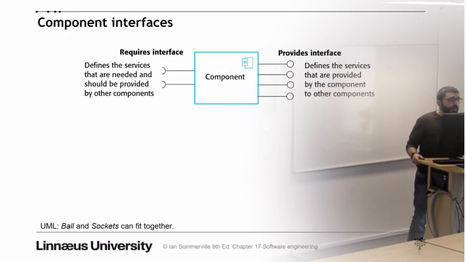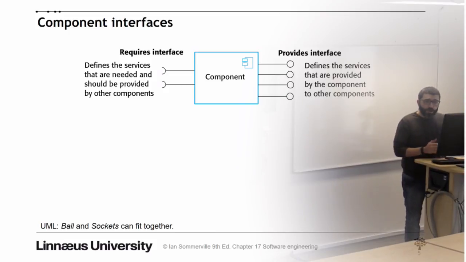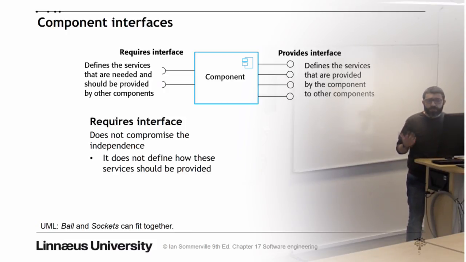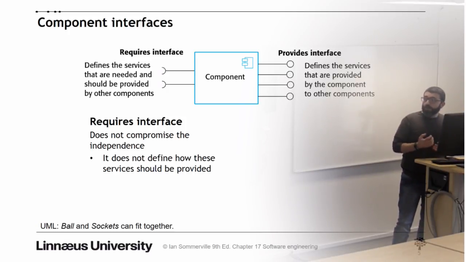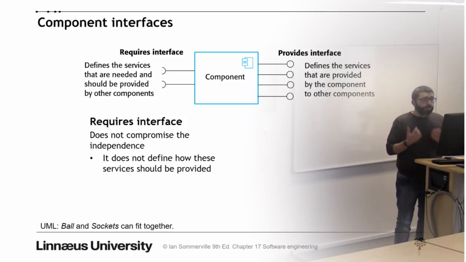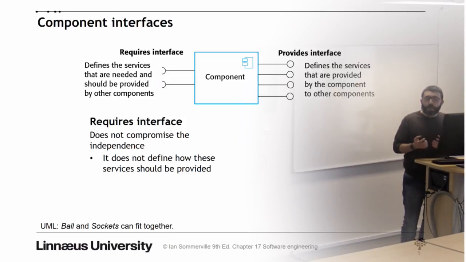Usually, a component has this shape. The component specifies a set of required interfaces, which are the set of functionalities that are needed in order to run the component. So you can deploy the component in isolation, but in order to work properly, you might need external functionalities provided by other components.